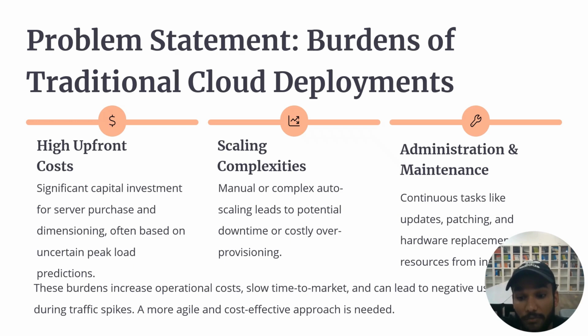Sometimes manual auto scaling is a complex task, which leads to downtime and costly over-provisioning. Moreover, administration and maintenance need continuous updates, patching, and hardware replacement. These are some of the major points cloud deployment models are facing, and they increase the operational cost.